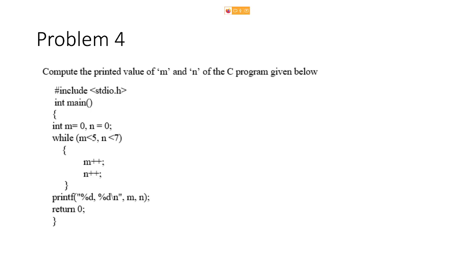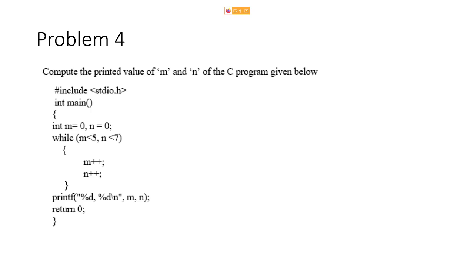Okay. It checks for m equal to 4. 4 is less than 5 and 4 is less than 7. The conditions become true. Then 5 is less than 5, which is false, but 5 is less than 7 is true. Then 6 is less than 5, which is false. 6 is less than 7 is true.